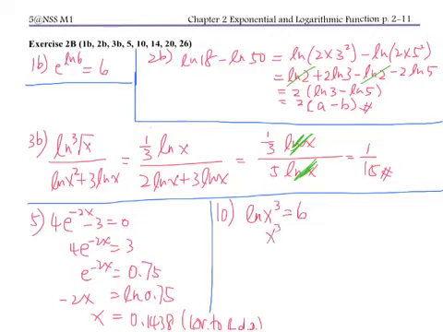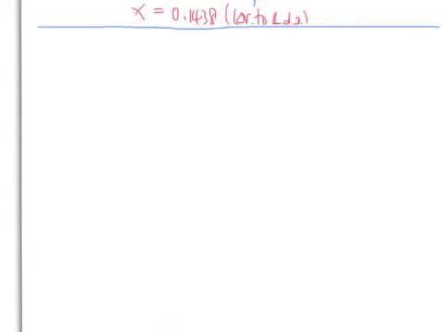Because e, and then this part e to the power 6, we change it in this way. So x is equal to e to the power 6. Finish.